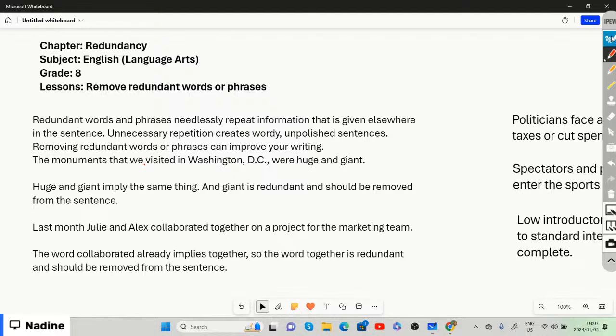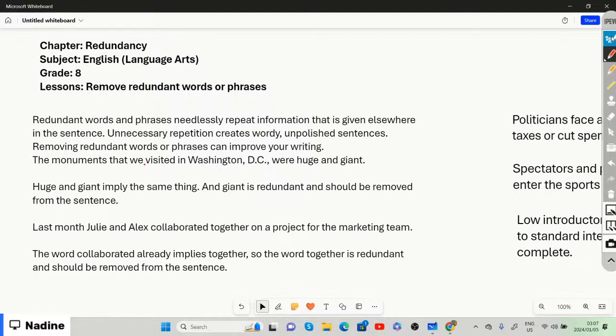And unnecessary repetitions create wordy, unpolished sentences. Sometimes what students do is use more than one word within a specific sentence, trying to find synonyms of certain words just to make it more lengthy.